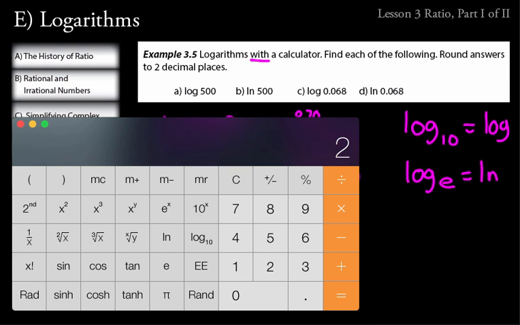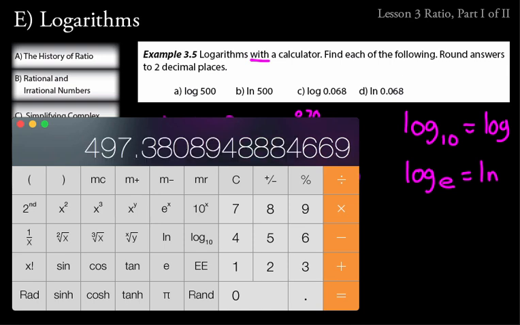Base e is 2.718. We hit this x to the y button, so that means 2.718 to the 6.21. Hit enter, almost 500 again. But we rounded that stuff, so that's why it's not exactly 500. But that gives us confidence that we did the problem correctly.